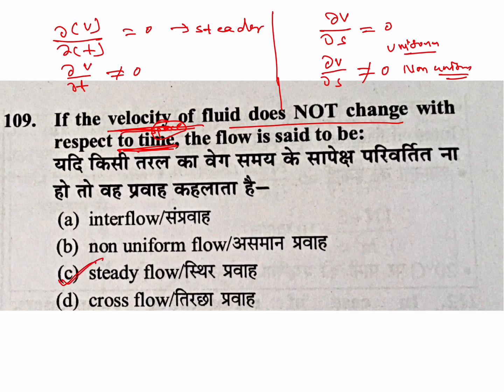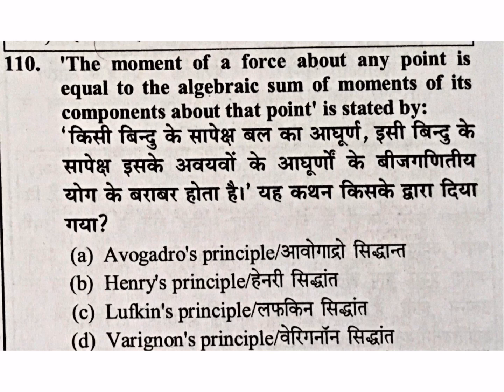C is your correct answer. Next question, the moment of a force about any point is equal to the algebraic sum of moments of its components about that point is stated by Avogadro principle, Henry principle, Lufkin principle, Varignon principle. D is your correct answer.